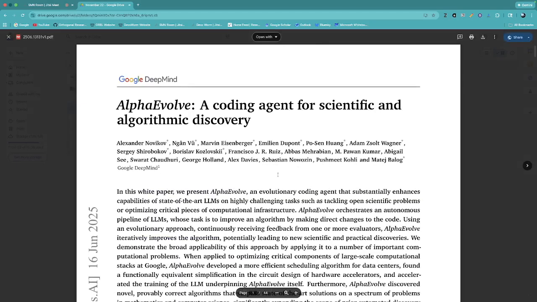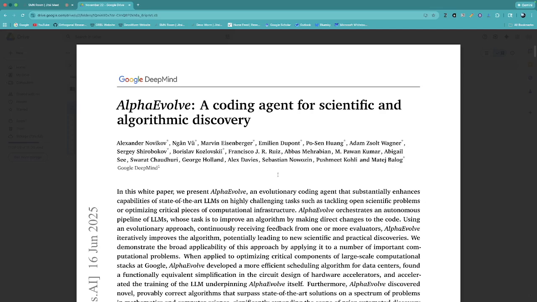This is AlphaEvolve. I can't remember where this came up, maybe one of our discussions or in the Slack. So this is AlphaEvolve, a coding agent for scientific and algorithmic discovery. They're doing this sort of AI scientist type of thing. This is their white paper on it.